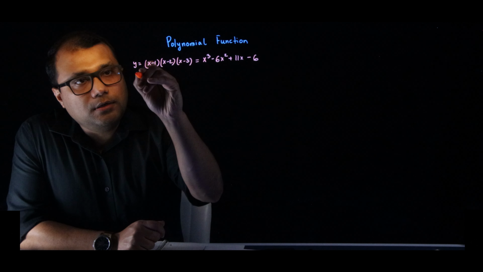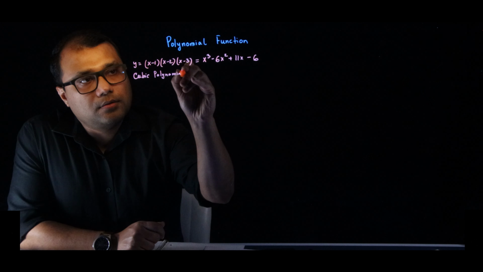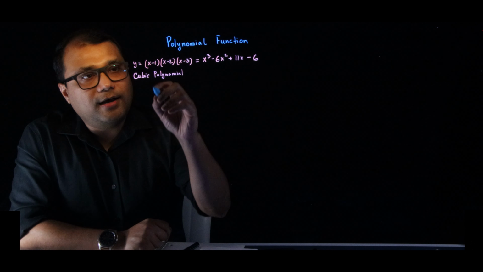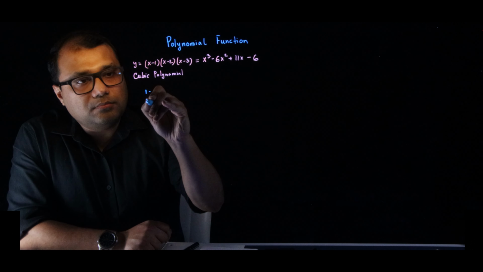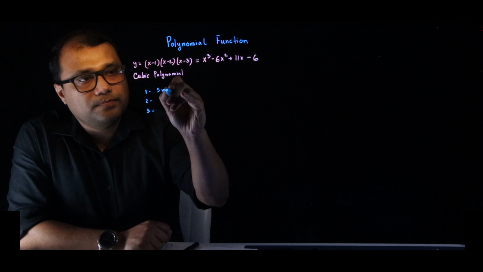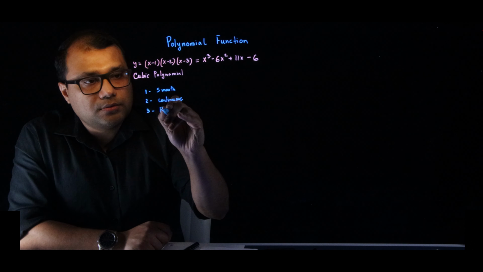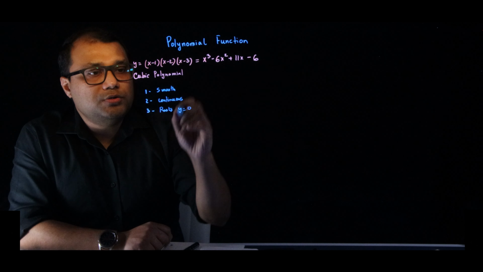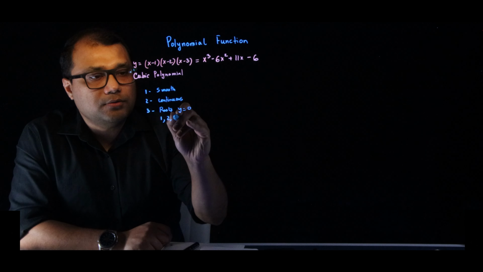Now this is called a cubic polynomial. To get to the graph of a cubic polynomial, always remember a few things we have already learned. Number 1, it's a smooth curve. It would be continuous and its roots are got when y equals 0. What would be the roots of this polynomial? It would be 1, 2, 3.